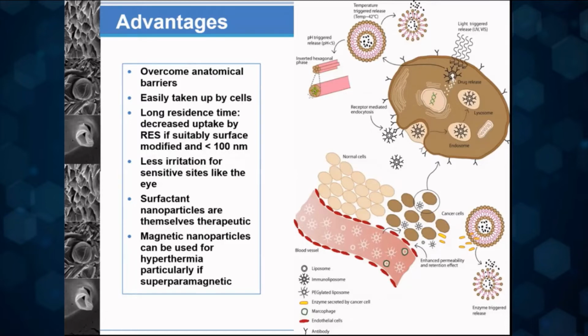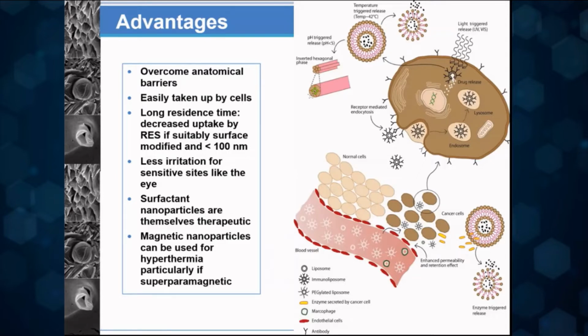So just one example is shown here, which is something which most of you would have heard of, which is known as the enhanced permeation and retention effect. This is used extensively for cancers, and what this does essentially is to utilize the size of the particles and the anatomical considerations of the disease site.